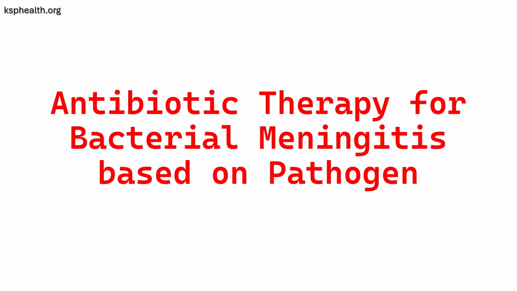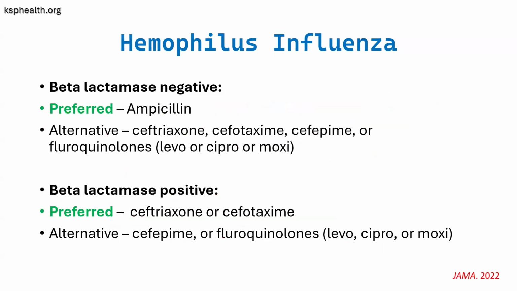Once the pathogen is identified, you need to narrow down the antibiotic therapy. When there is Haemophilus influenzae, even though it is less common, they belong to two categories, whether it is beta-lactamase negative or beta-lactamase positive. The preferred agent for beta-lactamase negative is ampicillin.